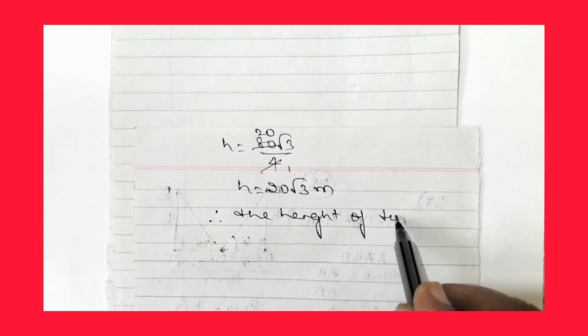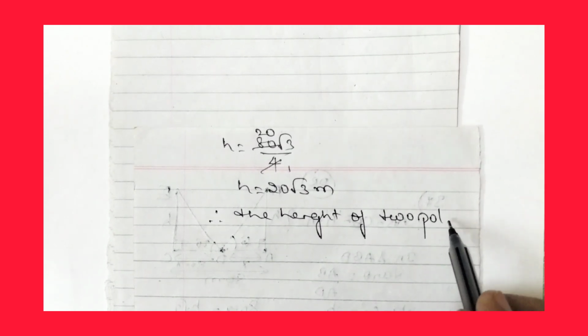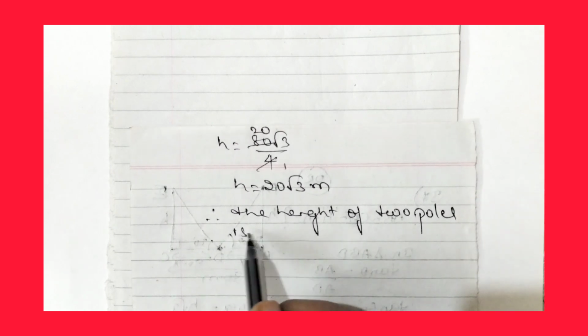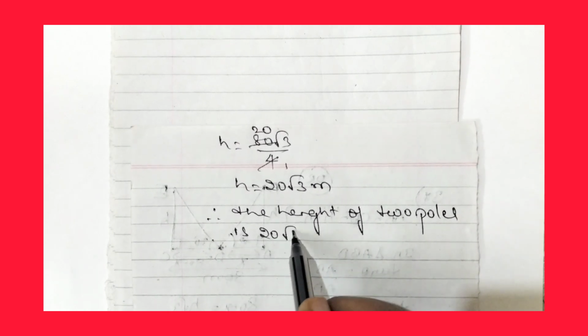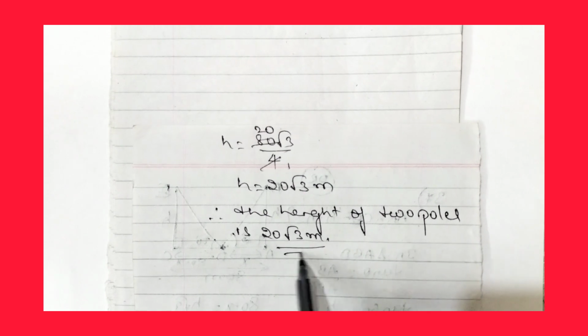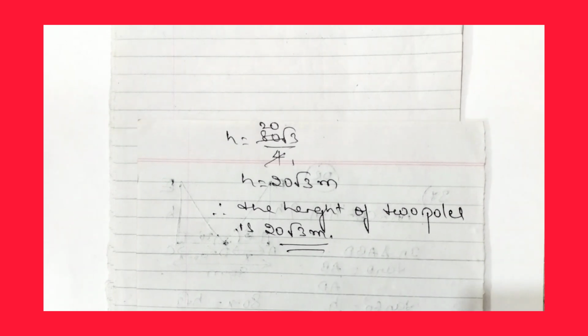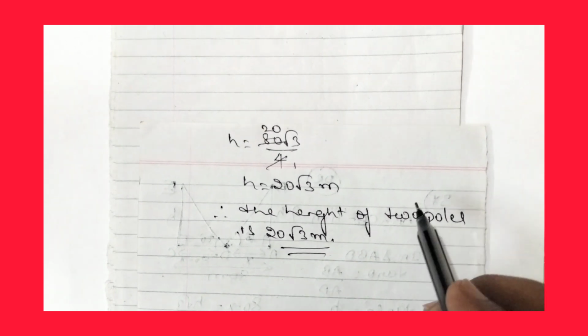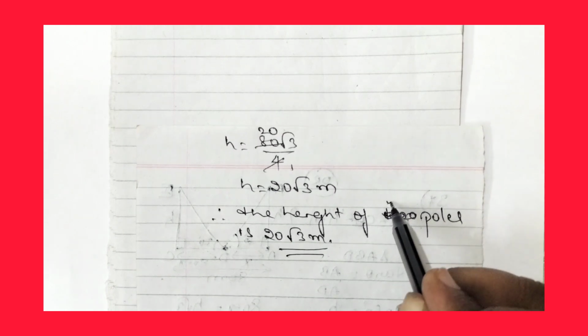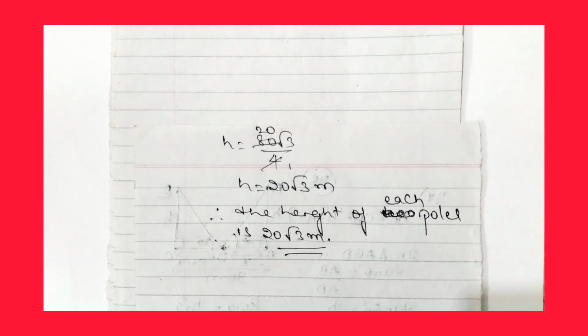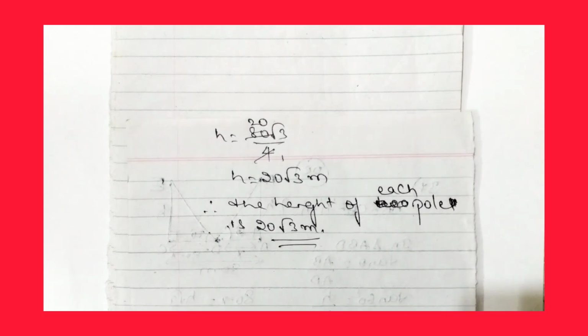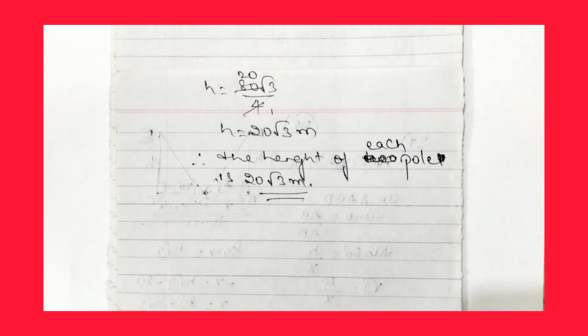Therefore the height of two poles is 20 root 3 meter. So this is the height of each pole. The height of each pole is 20 root 3 meter. After that, we have to find the distance between them.